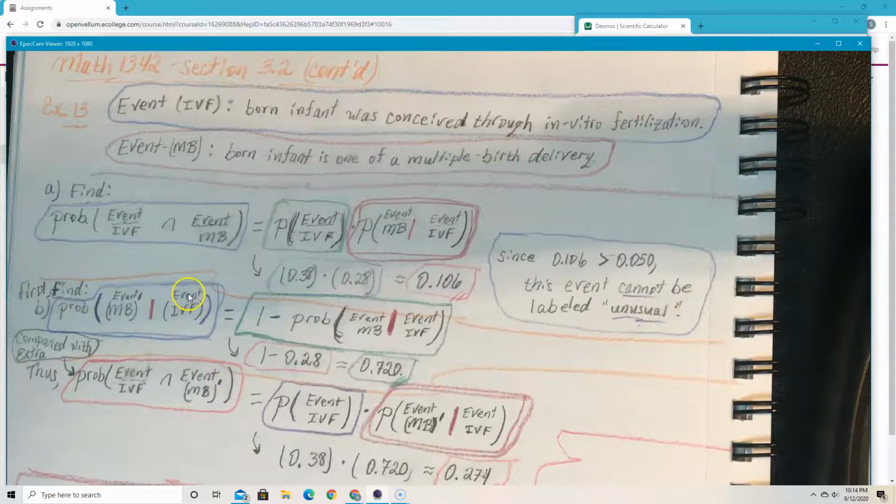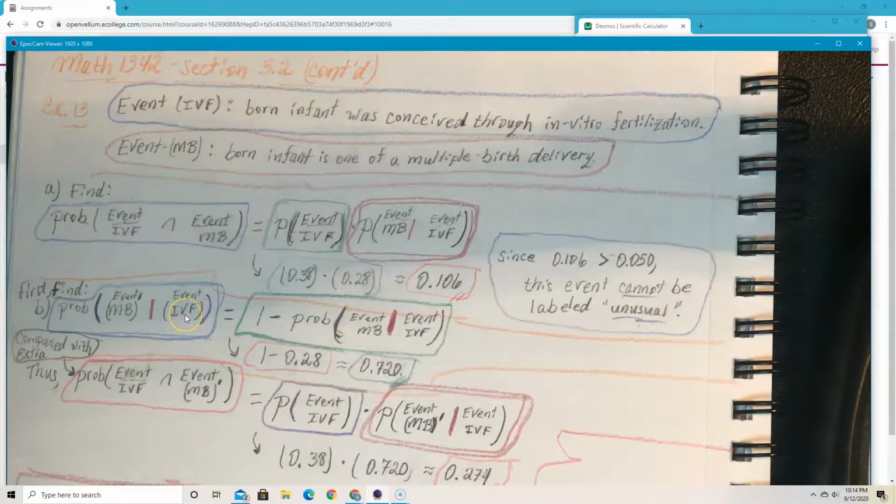Both say the baby born was conceived through in vitro fertilization. This one says they were not part of a multiple birth delivery, and this one says they were part of a multiple birth delivery. So this and this are complementary events.